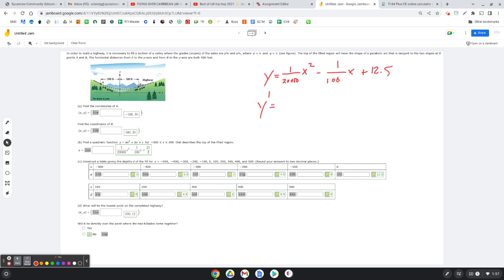All right, y prime, what's that going to be? So 1 over 10,000 x minus. So let's find the relative minimum by finding out where the derivative equals 0.